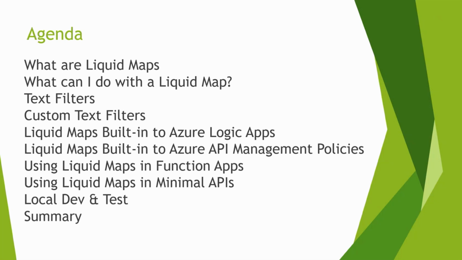And the minimal API also kind of covers the website side of things if you're going to use that. Then also the local dev and test, and just a quick summary at the end.